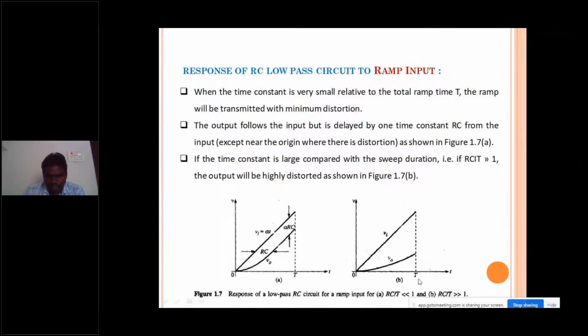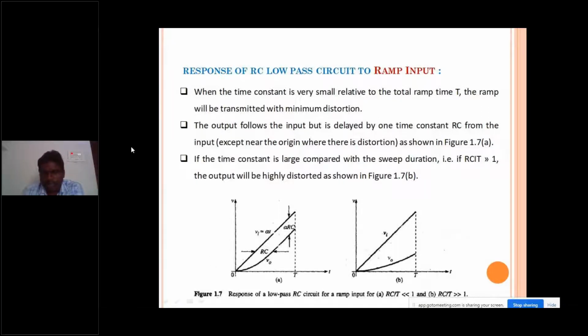Based on the RC value, if RC by tau is much less than 1, or much greater than 1, then we'll get these shapes. So these are the responses of a low pass circuit to different inputs. For an exponential input, work on it and you'll get an expression and output shape for the exponential curve.